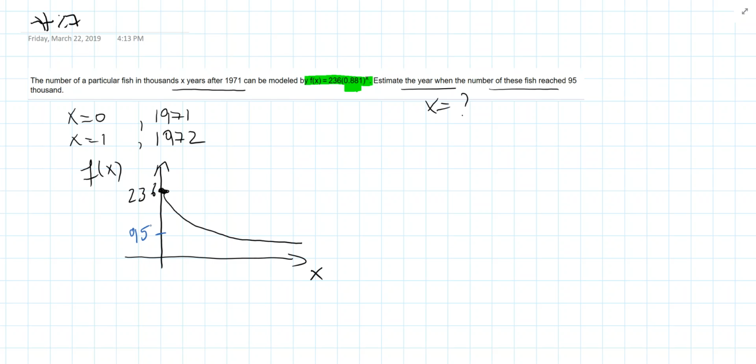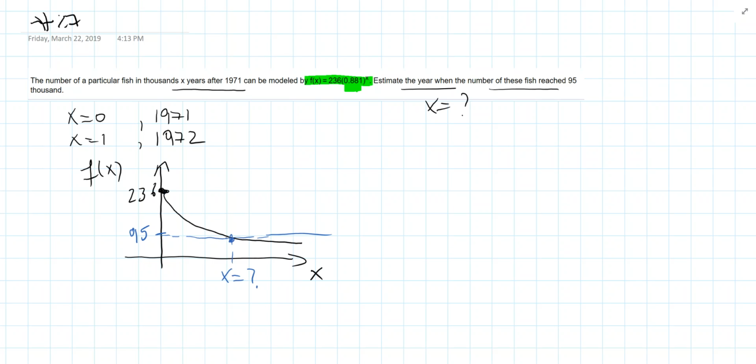But for now, you're only expected to know how to find it graphically. So graphically, I'm interested to see when this exponential function is equal to 95,000. So if I draw a horizontal line, I'm interested to find for what x the y is 95,000.